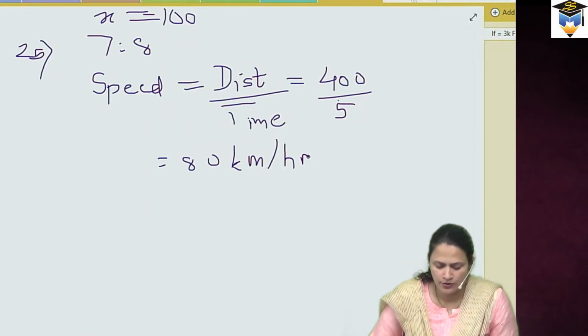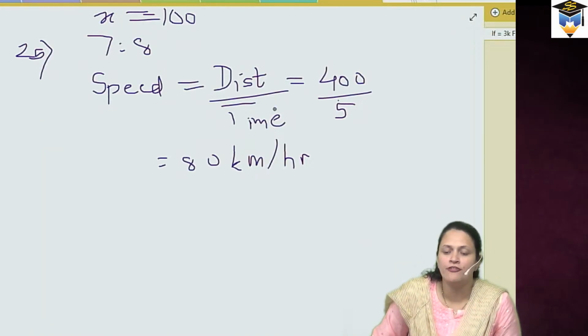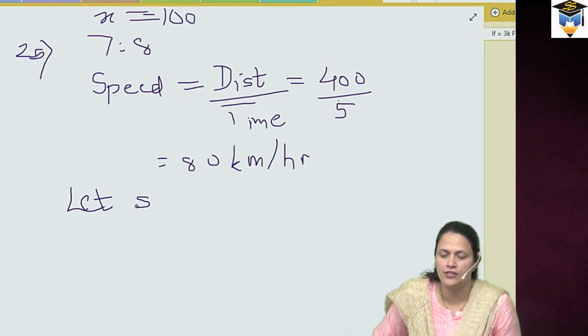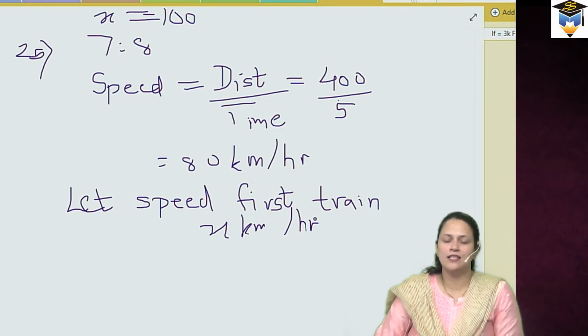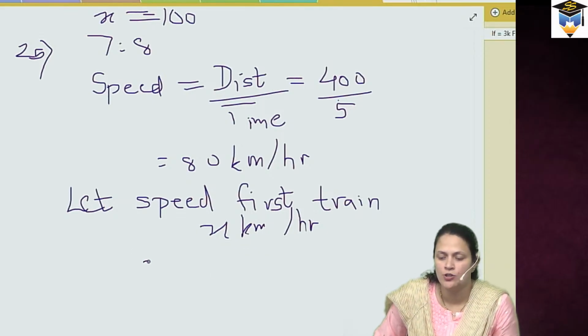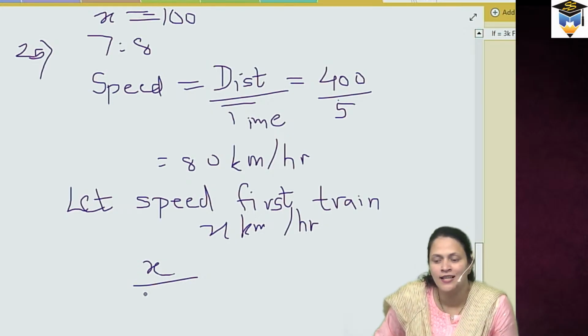Okay. Now, let us say that the speed of the first train be x kilometers per hour. So now they have given us the ratio as 7:8. So I'm going to form the ratio like this. X upon 80 is given to us as 7 upon 8.